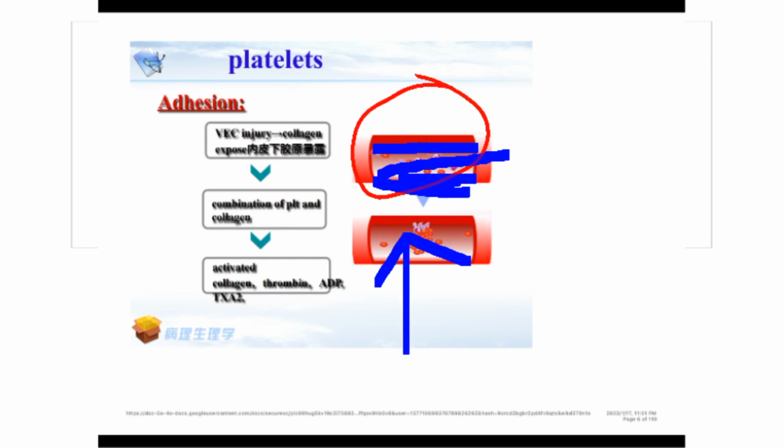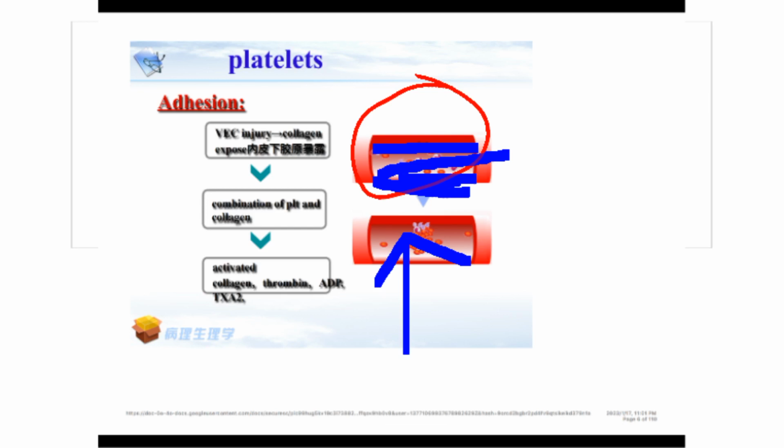If there is an injury to the blood vessel, the endothelial cells will release substances, for example thromboxane A2 and endothelin, that will constrict the blood vessel and narrow it. When the vessel is narrowed, platelets are attracted toward the injured site.